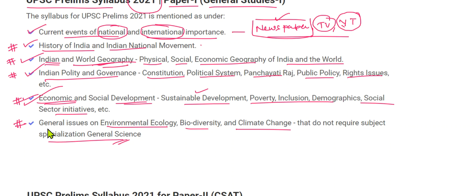And then general issues like environmental ecology and biodiversity, because environmental issues are very important nowadays. Suppose you are in a position to grant permission or sanction to initiate a particular industrial project, you should be aware of the scientific things, the environmental impacts, and the pollution aspects about that particular product or process.